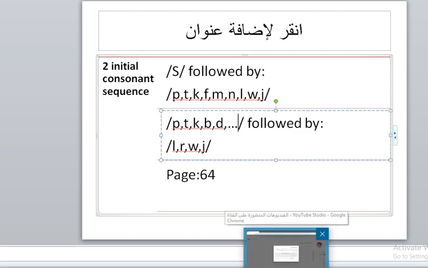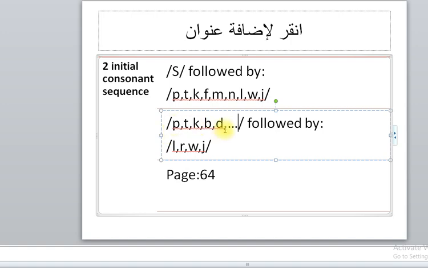I'm not giving a full lecture. So we have these sounds followed by one of these sounds, and the cases and examples are on pages 64 and 65. So these are the cases of two initial consonant sequences. Two and not three.